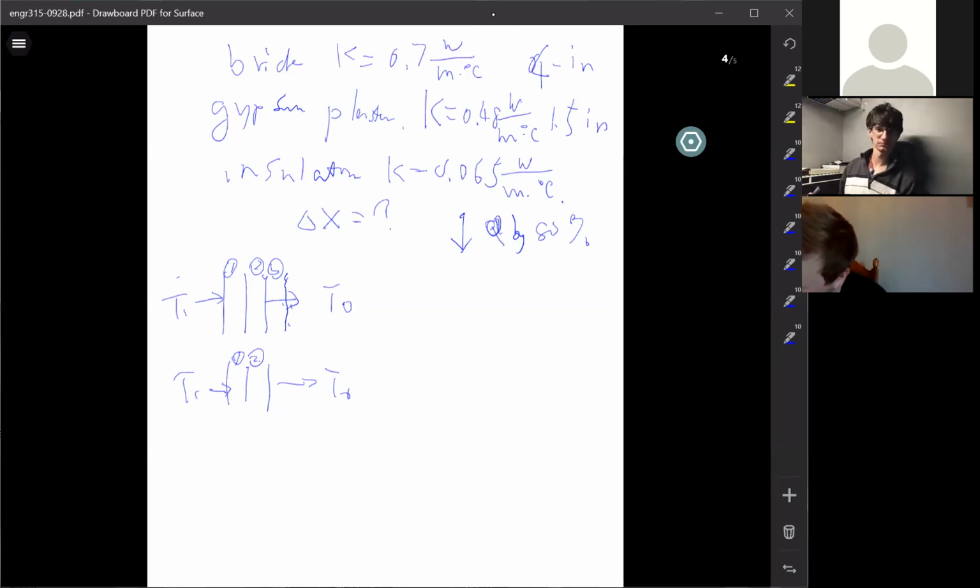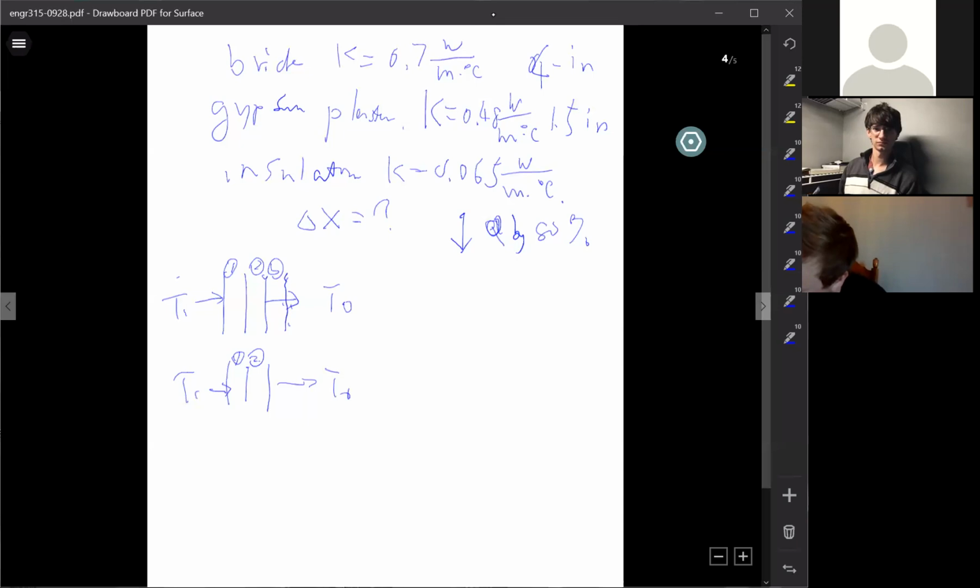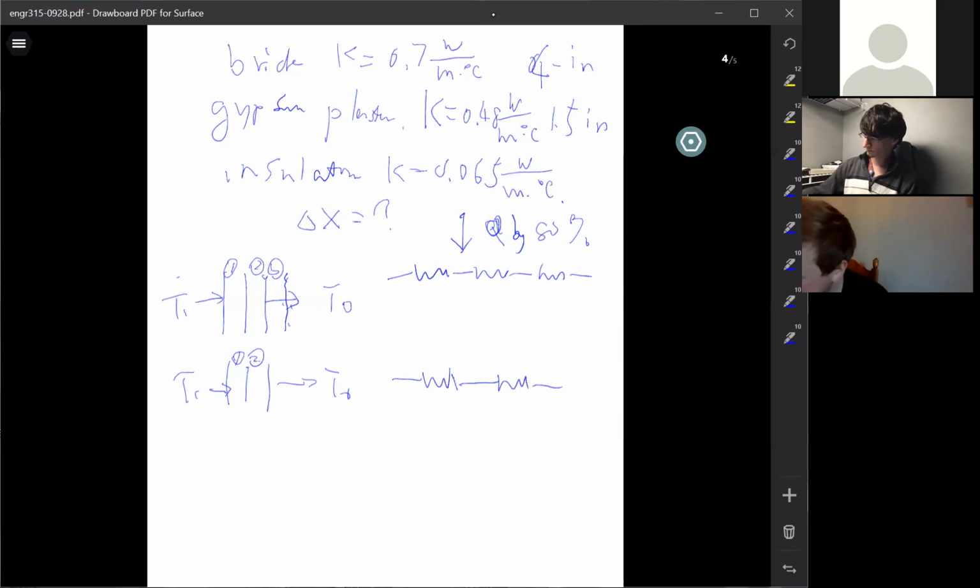So basically you compare these two situations. So you have basically 3 resistances, and here you have 2 resistances. And that's it, right?